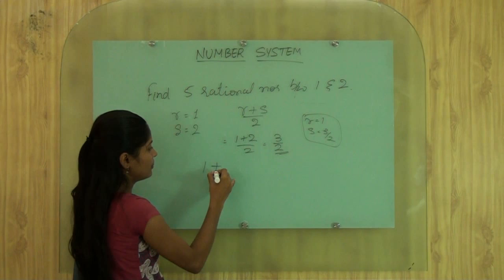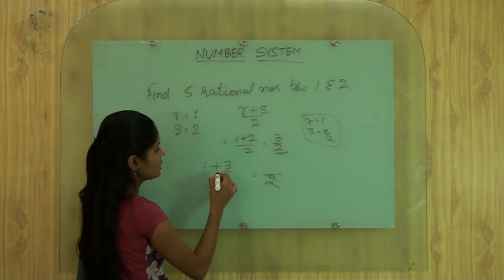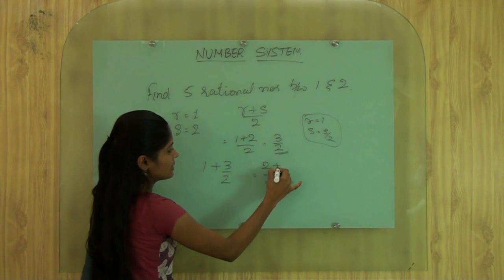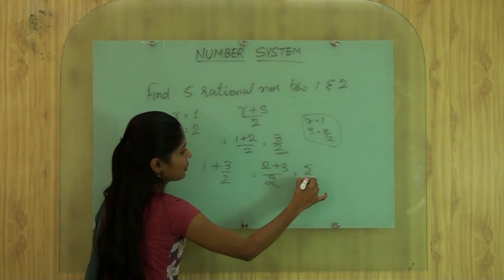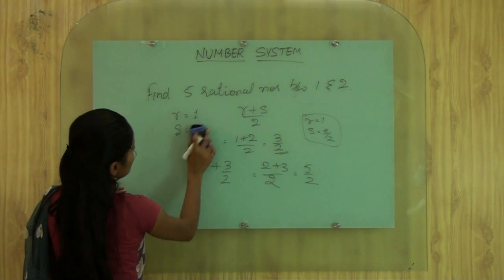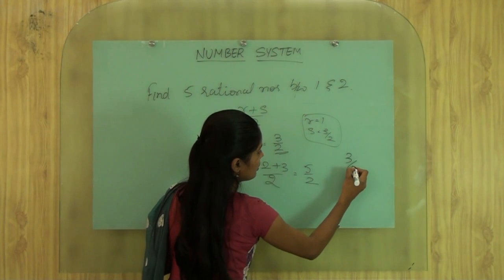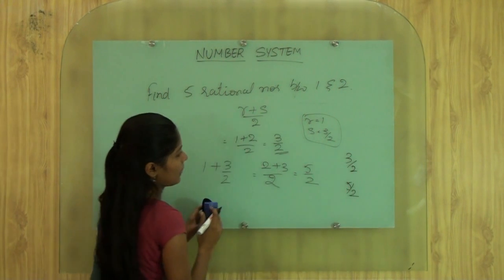Add 1 plus 3 by 2. Here 2 is the LCM, so 1 into 2 is 2 plus 3, which is equal to 5 by 2. So you have got 2 rational numbers, 3 by 2 and 5 by 2.